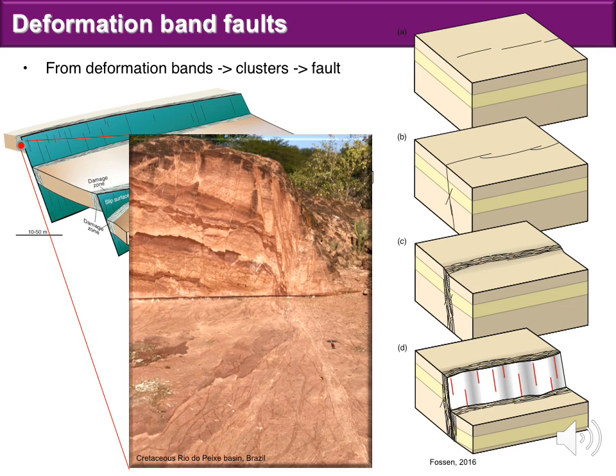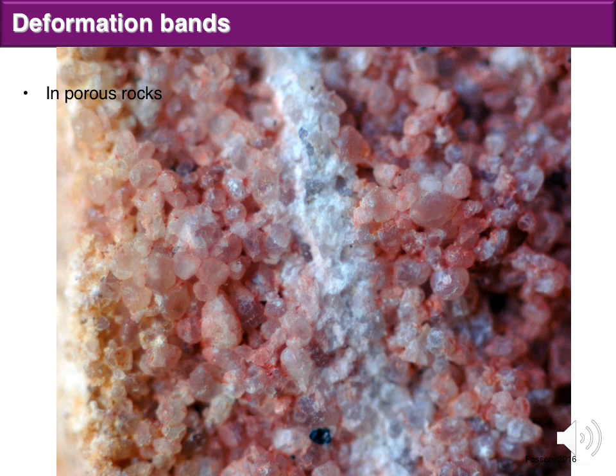This is from the northeast of Brazil. Lots of small scale deformation bands forming. And these are not fractures. They don't conduct fluids. They actually involve a reduction in porosity and permeability that we'll come back to.